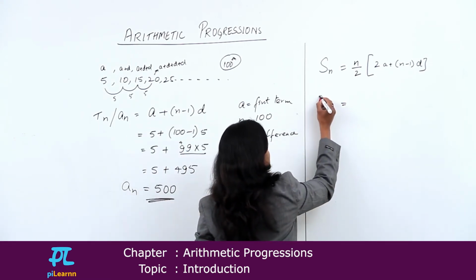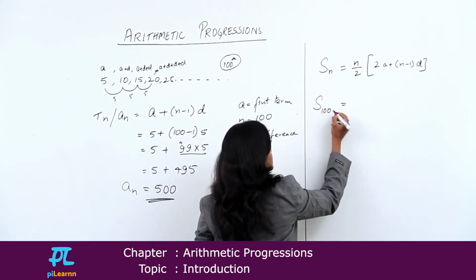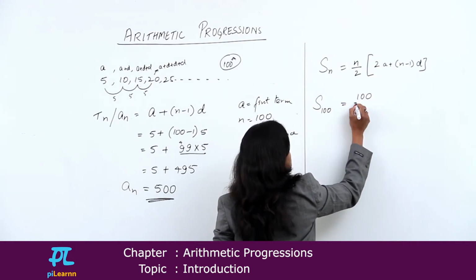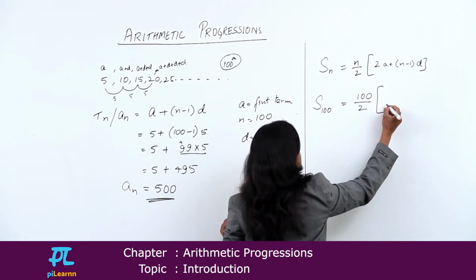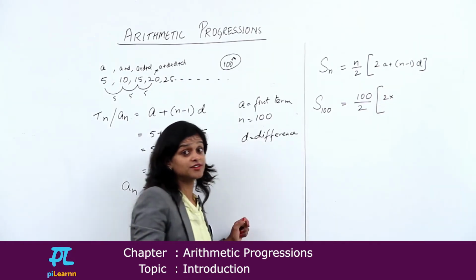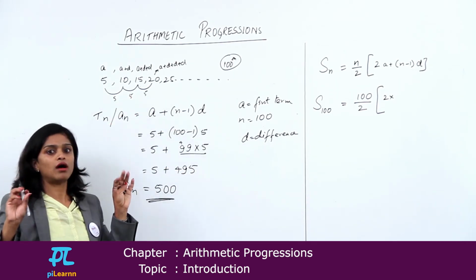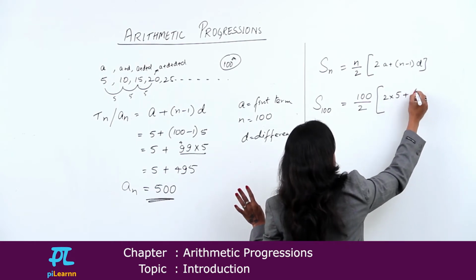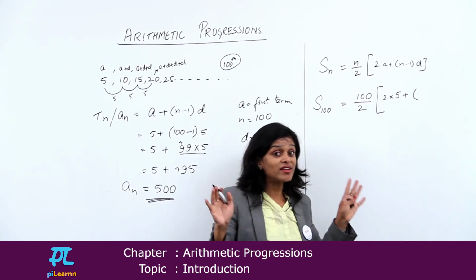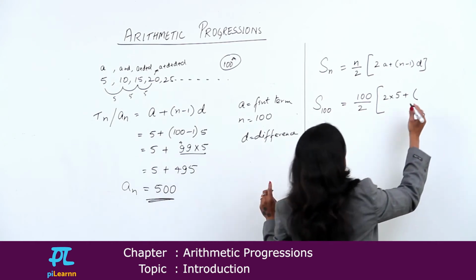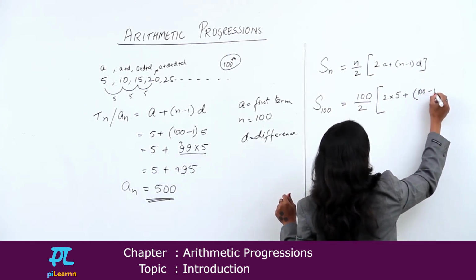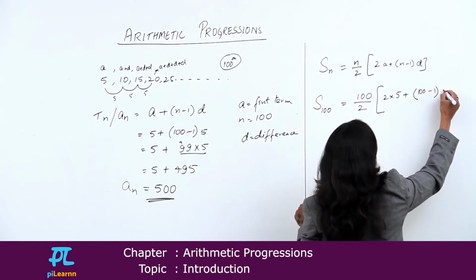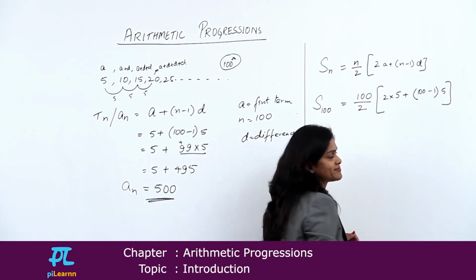So I will write it as S100, and this becomes 100 by 2 into 2 into what is A? What is the first day's amount you got? You got only 5 rupees. So this becomes 2 into 5 plus n minus 1 into d. N is 100, minus 1, into d. The difference is again 5.